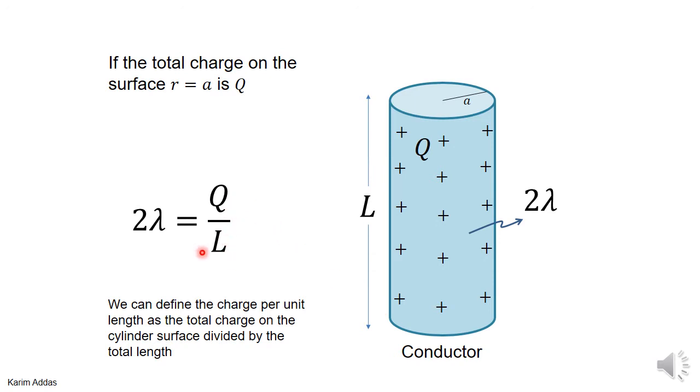And in the problem, they just said it's equal to 2 lambda. The reason they give it as 2 lambda is because they're giving the outer conducting shell a charge per unit length of minus lambda. So they're showing that the inner conductor has more charge per unit length than the outer. We could have called Q over L lambda of the inner conductor, but it just turns out in this particular problem that the charge per unit length on the solid inner conductor is 2 lambda, twice the charge per unit length on the outer cylindrical shell, with opposite sign.